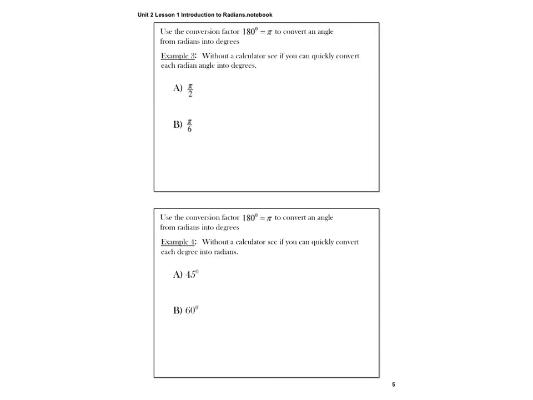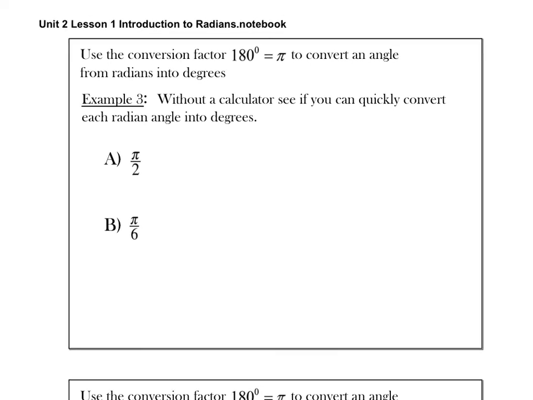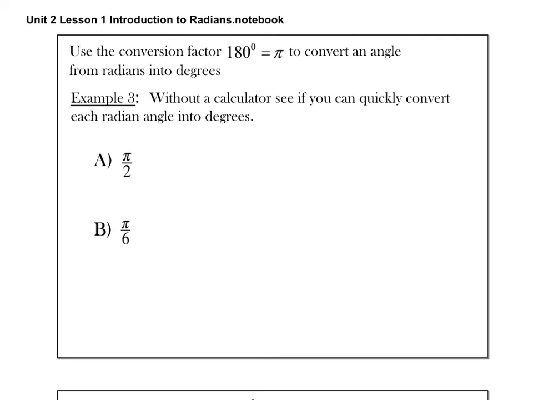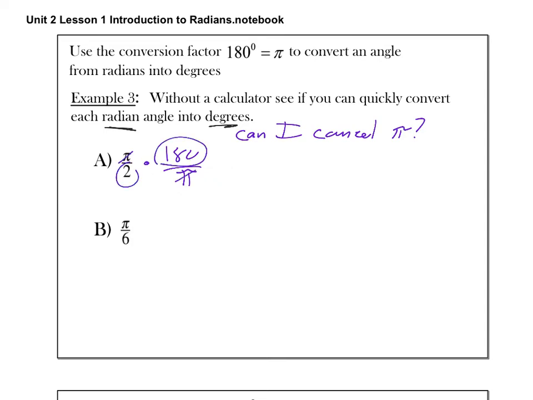Okay. So now let's take a look. Try and do this without a calculator. Try and do some mental math here and see what you find out. What I want to do is see if I can go from radians to degrees. Remember my check is, can I cancel pi? So cancel pi here, 180 over 2 should equal 90 degrees.